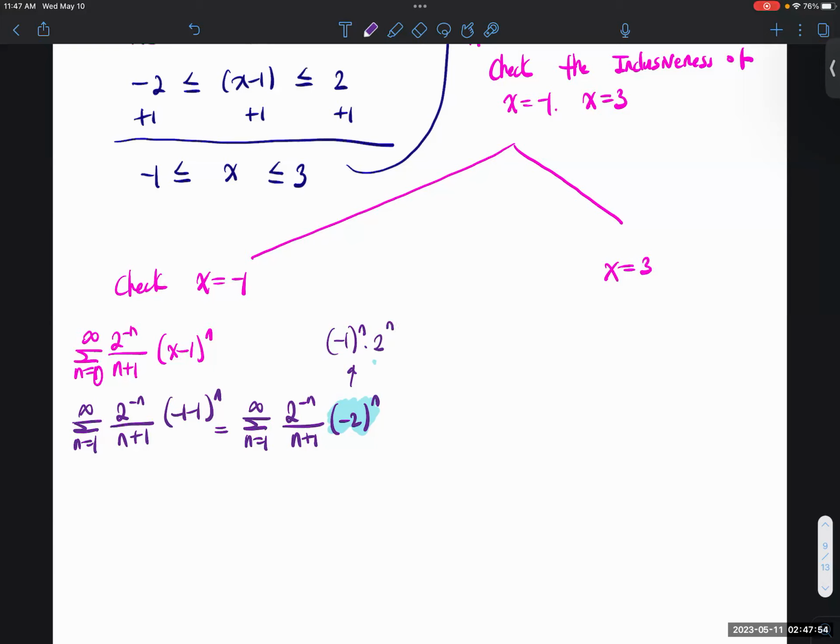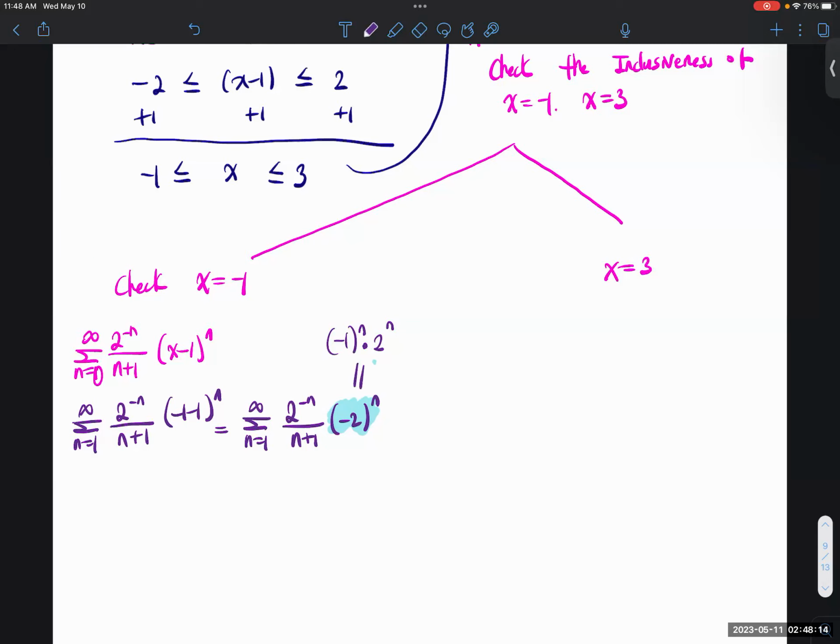You can separate it. They are the same thing.